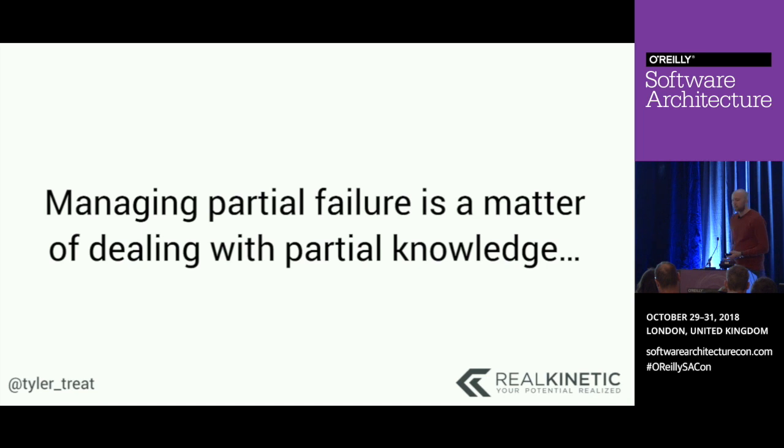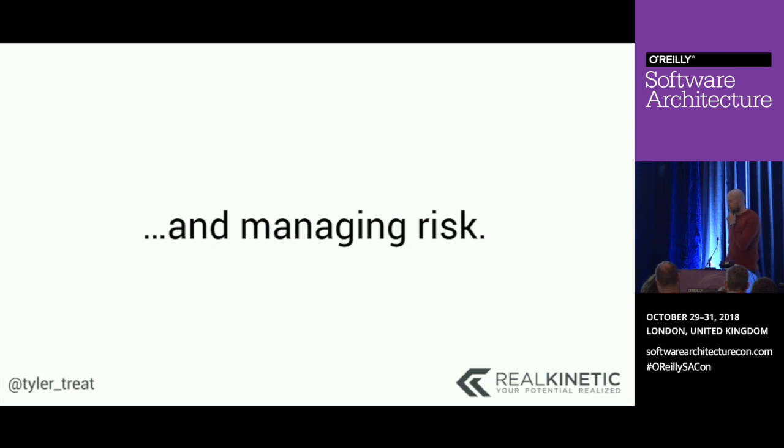Managing partial failure is really a matter of dealing with partial knowledge, but it's also a matter of managing risk, because in the case of the bank, rather than giving up availability and potential revenue, the bank manages that risk by using interest and fees. If I overdraw my account, I'll probably get charged an exorbitant amount of interest on that overdrawn amount, as well as some additional fees tacked on top. And in doing that, the bank can remain available.